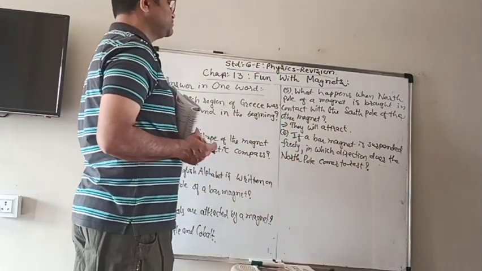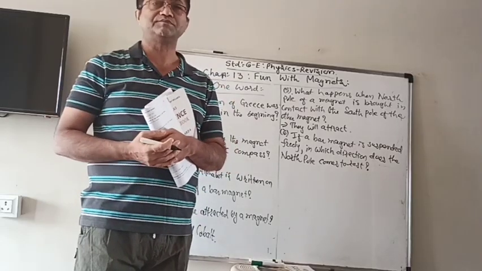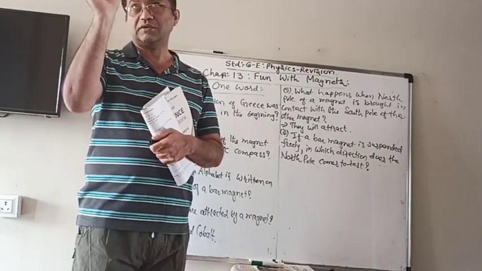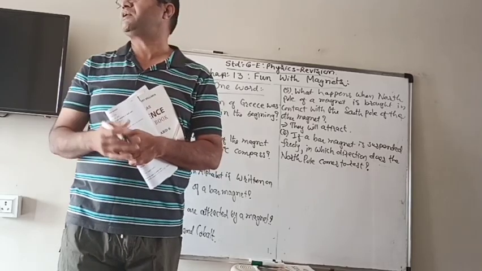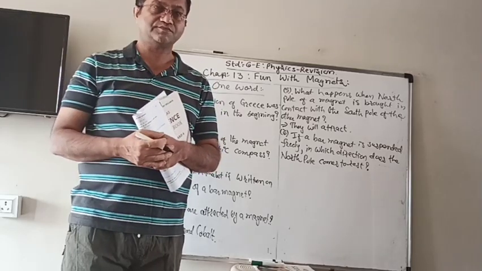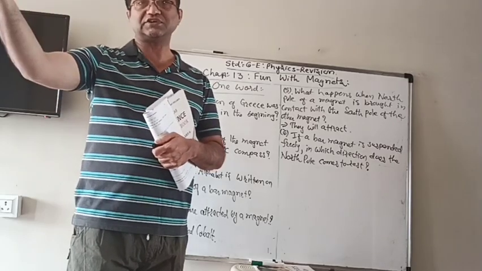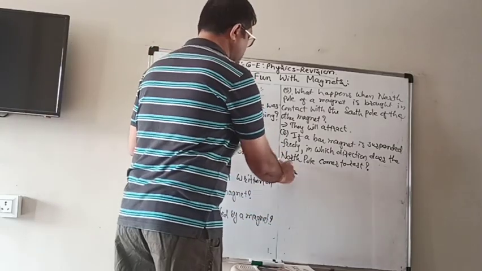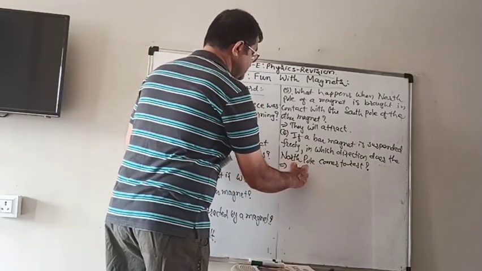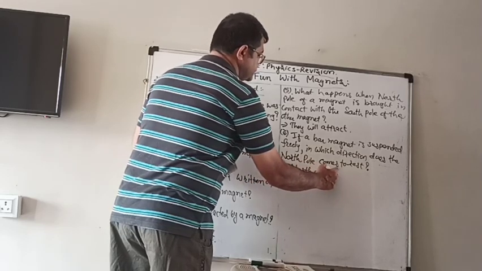We know that when any magnet is suspended freely, it always comes to rest in the north-south direction. So the north pole will be in the north direction and the south pole will be in the south direction.